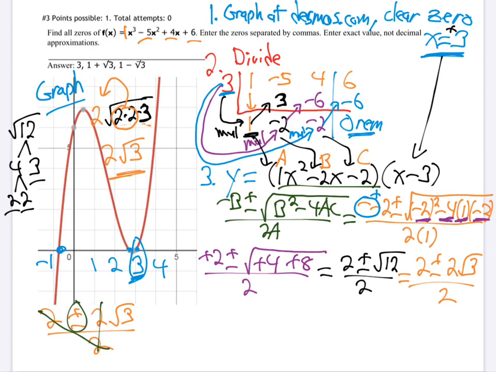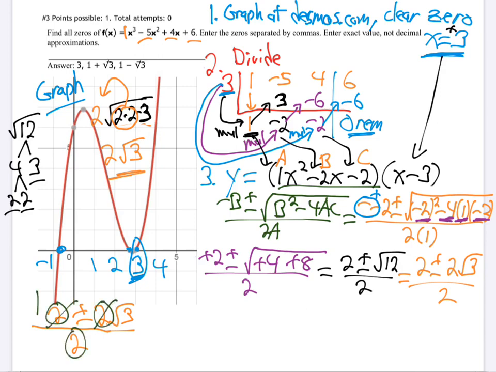If all 3 of those numbers outside the root are divisible by 2, or whatever number, you can do it. They have to be all 3 divisible by the same number, and they are in this case. This number, this number, this number.